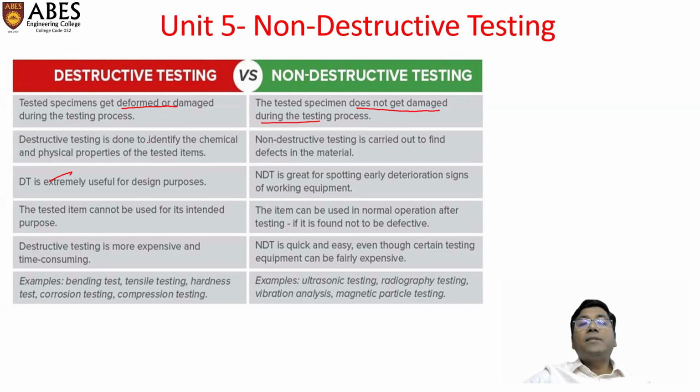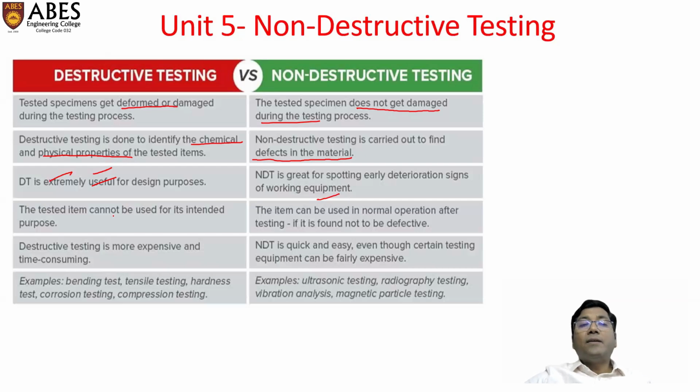Similarly, the chemical and physical properties can be ascertained by destructive tests or methods. Non-destructive testing is carried out to find defects in the material. Destructive testing is extremely useful for design purposes. NDT is great for spotting early deterioration signs of working equipment.